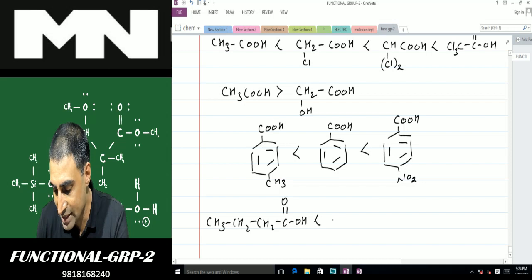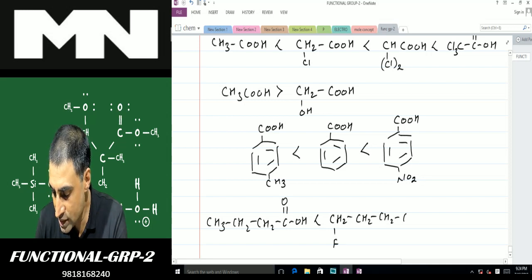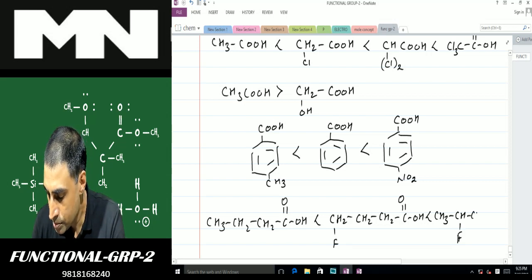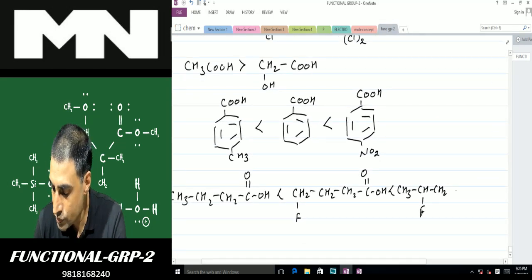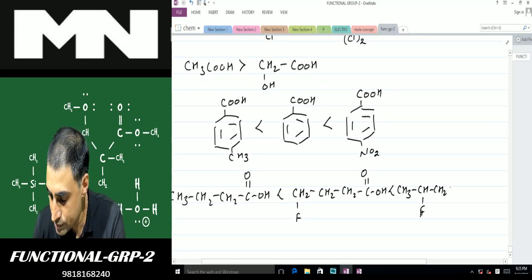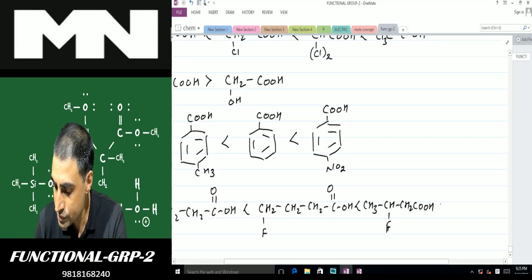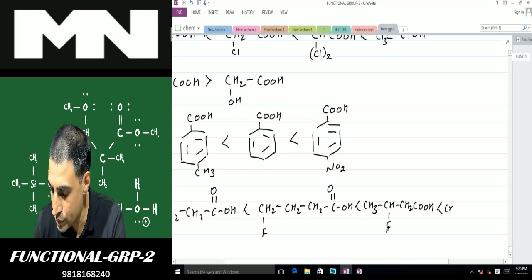As compared to butanoic acid, this compound, that is 4-fluorobutanoic acid, is more acidic. As compared to that, 3-fluorobutanoic acid is more acidic. And as compared to that, 2-fluorobutanoic acid is more acidic.